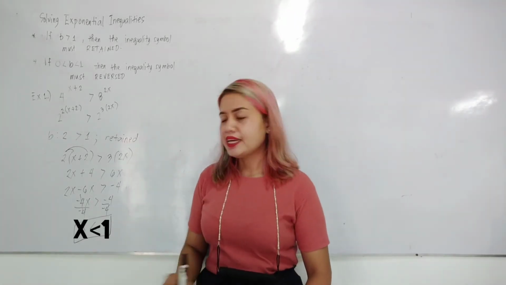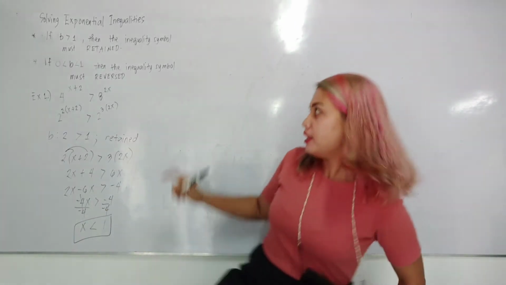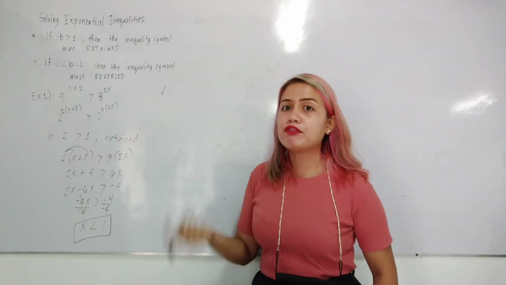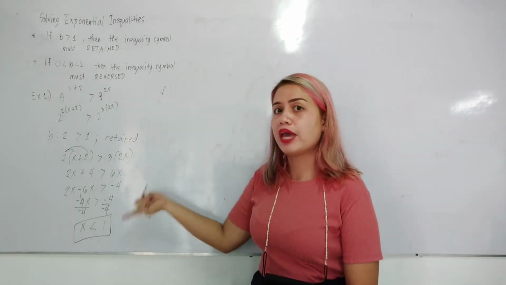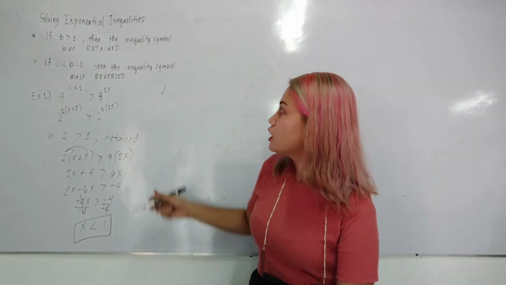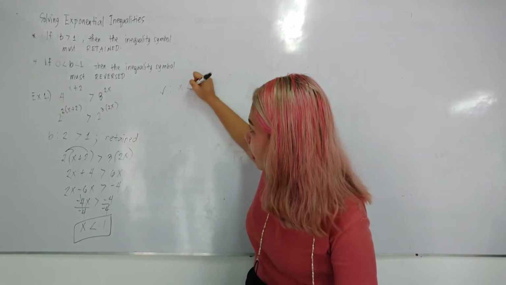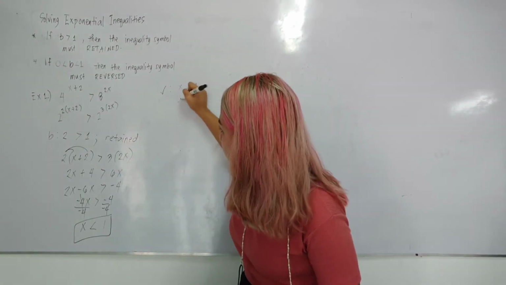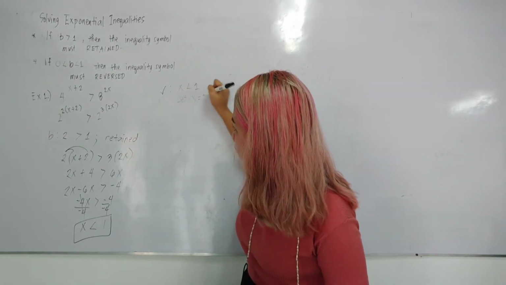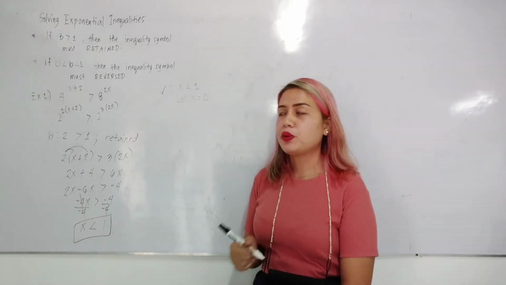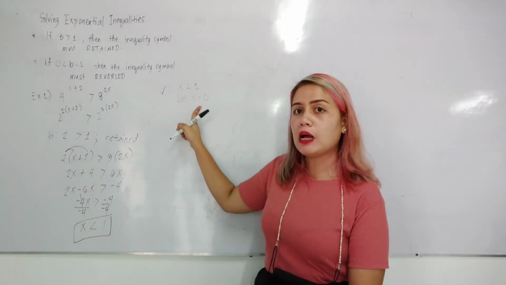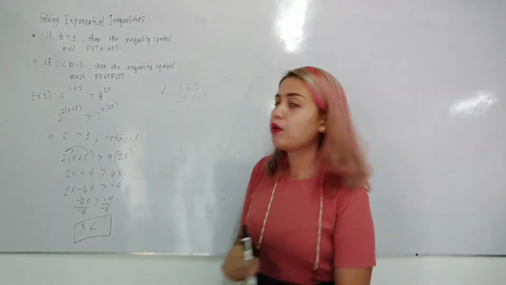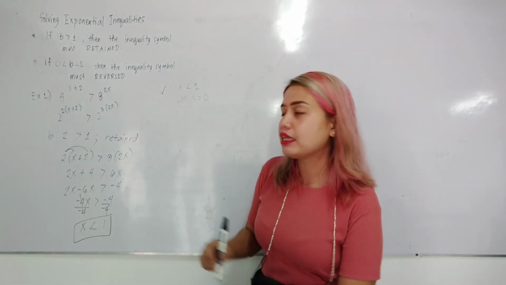Now we can do the checking in order to verify whether we have the correct solution. Since x should be less than 1, we can let x be equal to 0. With the x value equal to 0, we substitute it into our original inequality.